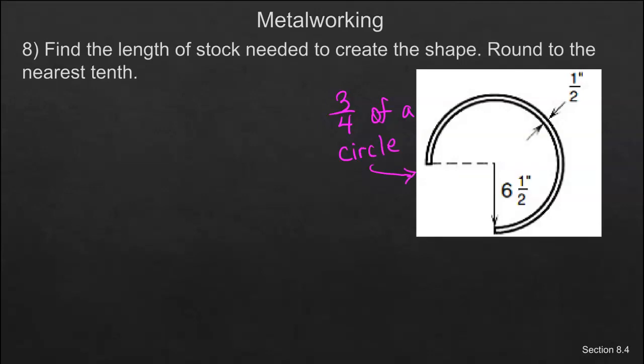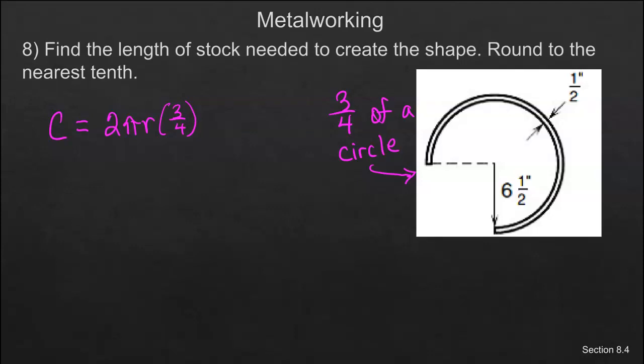And then we're going to calculate that with circumference. The circumference is pi times the diameter, or 2 times pi times the radius, and then we're also going to say times 3/4. All right, so 3/4 of a circle for this one.